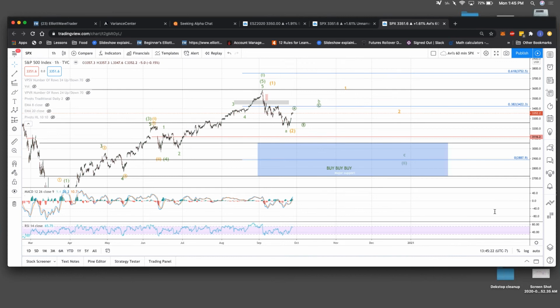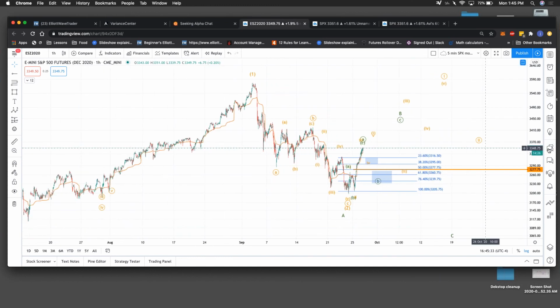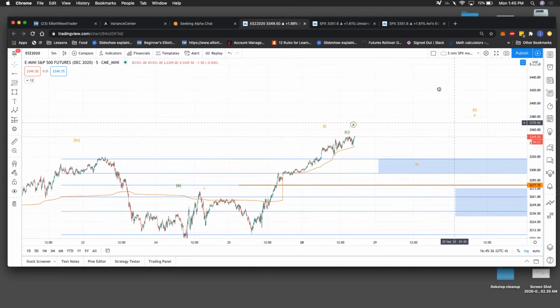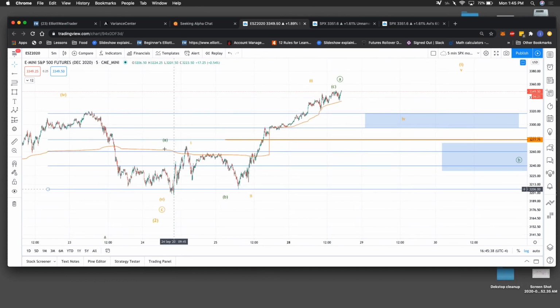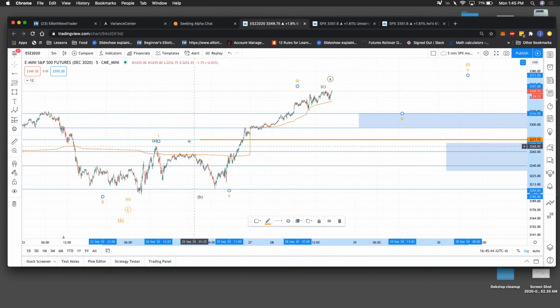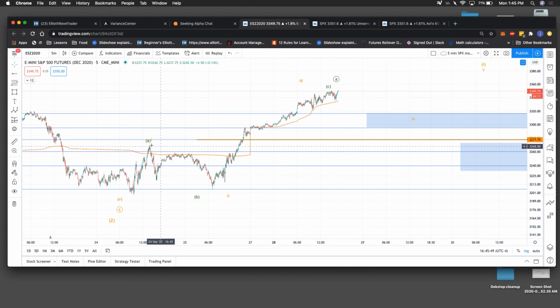Let's see. Julio says, if so, could today's action on the SPY be a 5-3-5-3-5 LD? Let's look at this. So if I zoom into the micro time frame here, looking at this off of last week's low, I'm really favoring the green count here because, as you can see, this is a clear 3 waves up here into this high.